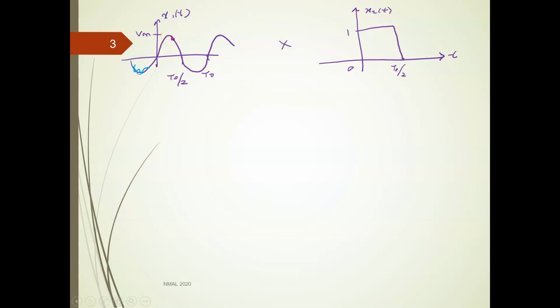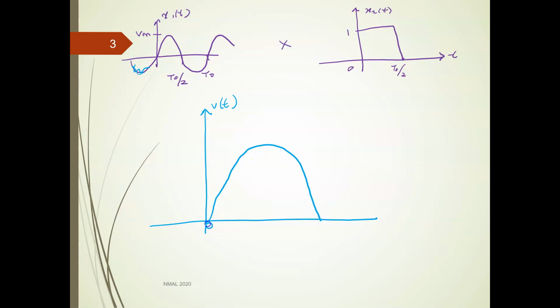So basically the answer here is Vt, the signal that you have to plot from the multiplication of x1t and x2t. It only has signal from 0 to t0 over 2, which follows this sine wave with amplitude Vm.